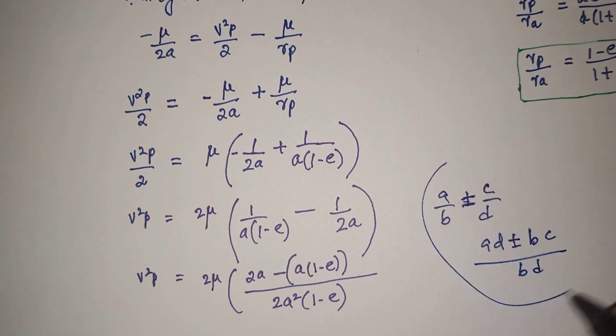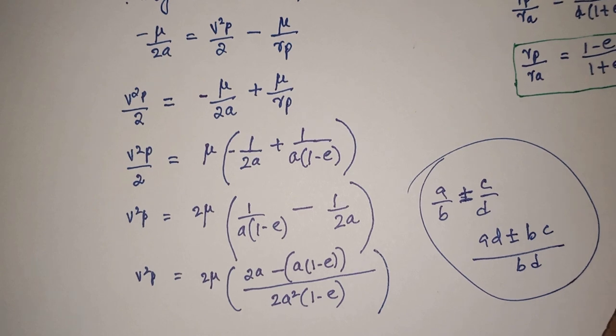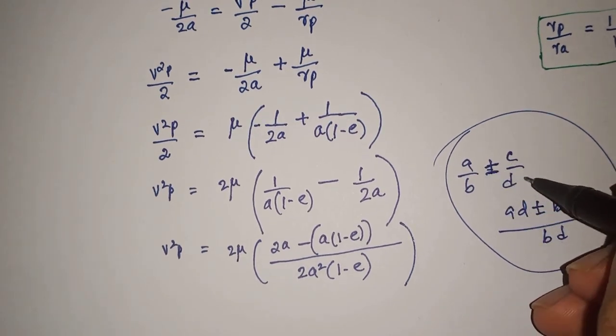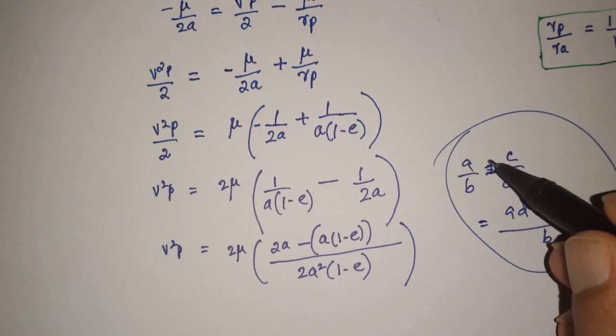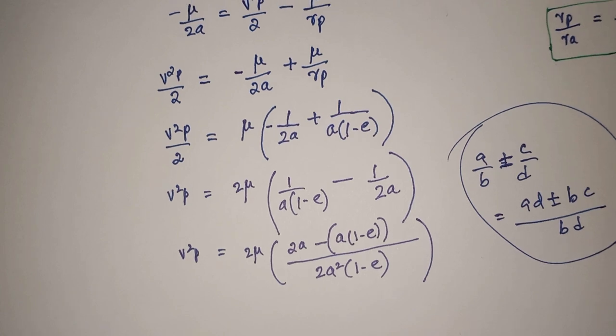So this is what I have implemented in this equation, nothing else. There is no other higher mathematics involved here. If a by b is plus or minus c by d, then that will yield ad plus or minus bc divided by bd. Again, it's an elementary class level, so I don't want to further highlight that.